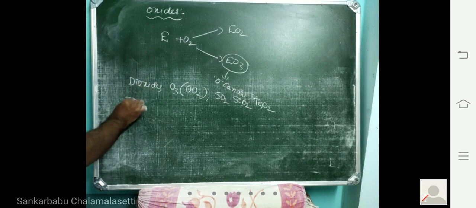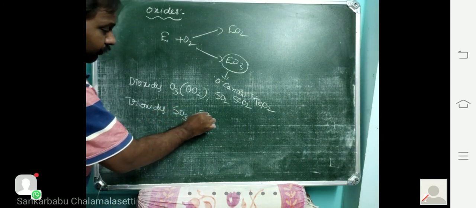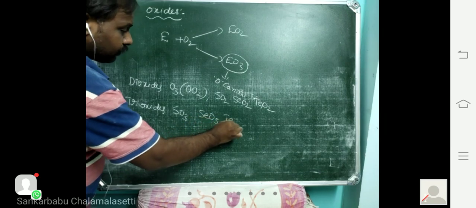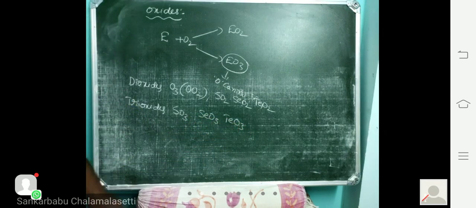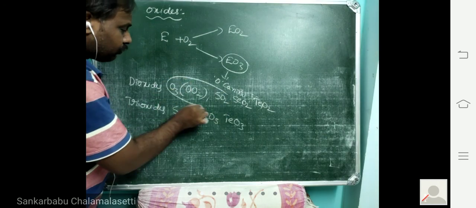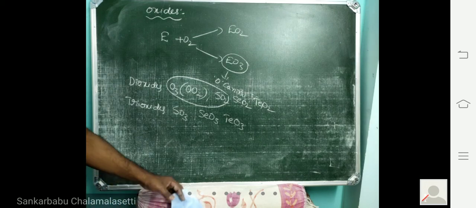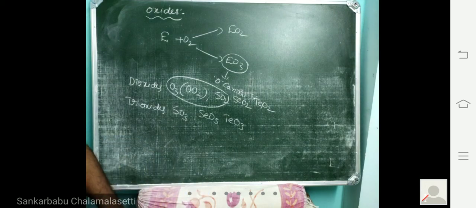Trioxides are SO3, SeO3, TeO3. These are the dioxides and trioxides formed by these group 16 elements. Among these, two dioxides are gases; except for those, all the remaining dioxides and trioxides are solids.